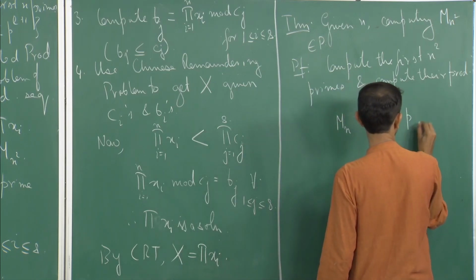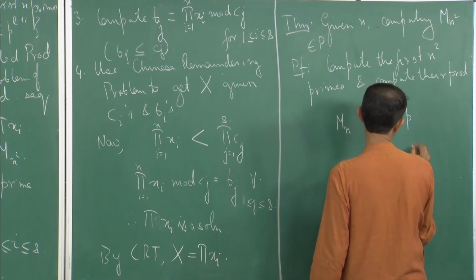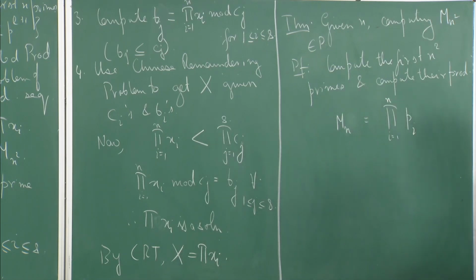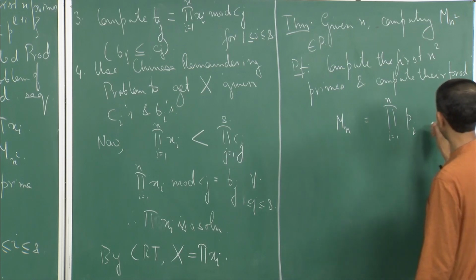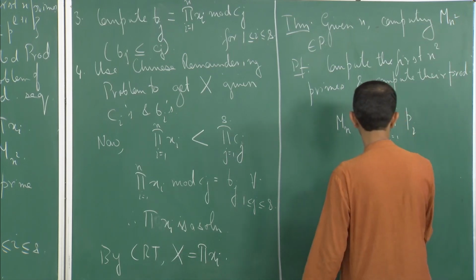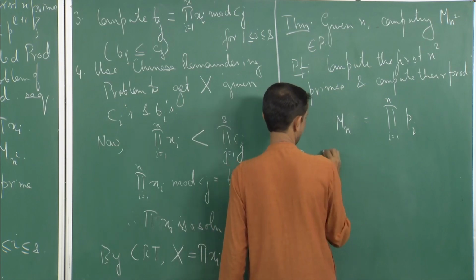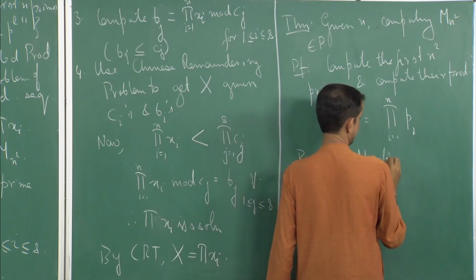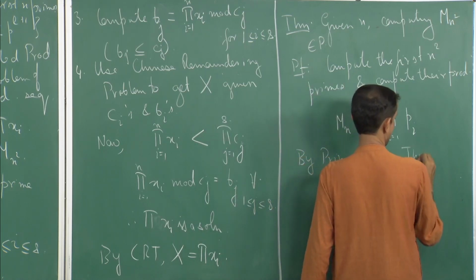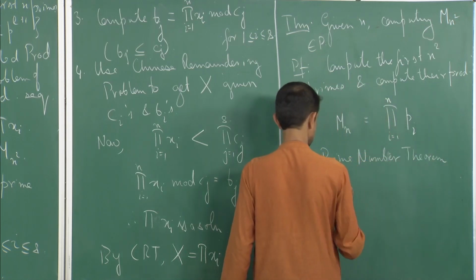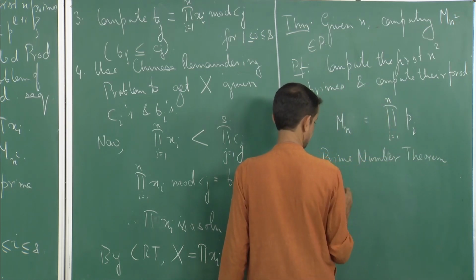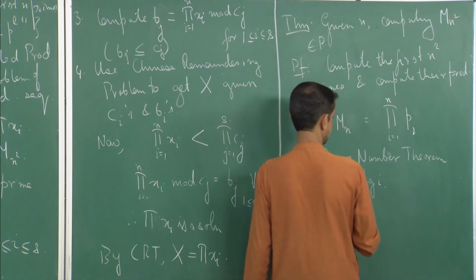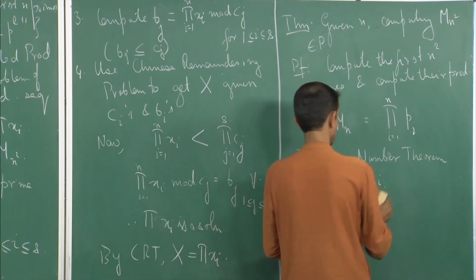So mn is the product of pi, i going from 1 to n, where pi is the ith prime, and what we know by the prime number theorem is that pi is at most some C i log i.